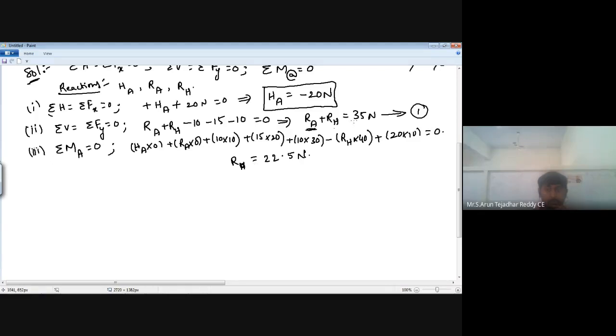Substitute RH in equation 1, then you will get the RA value. RA plus 22.5 is equal to 35 newton. RA is equal to 12.5 newton.